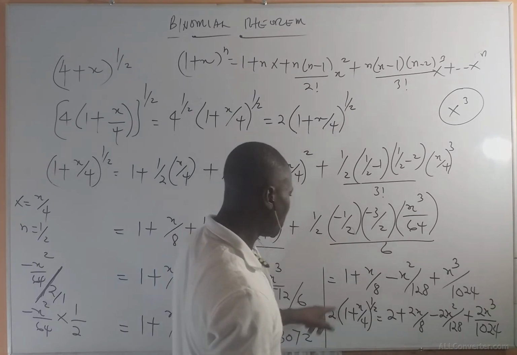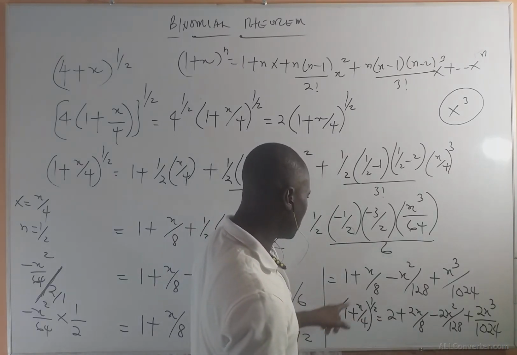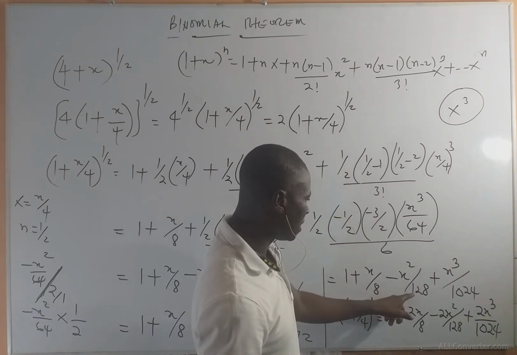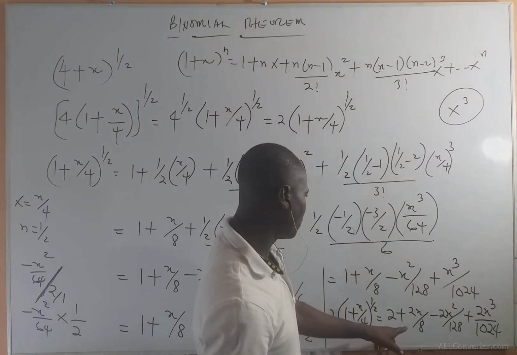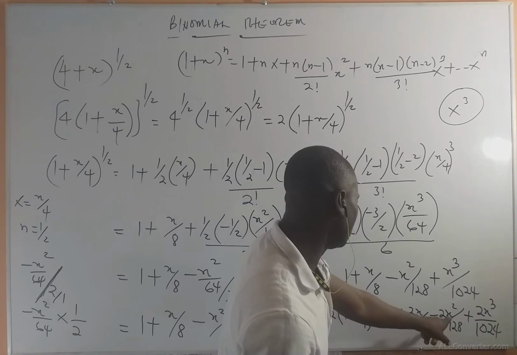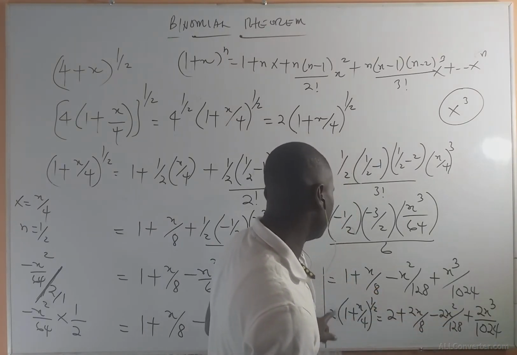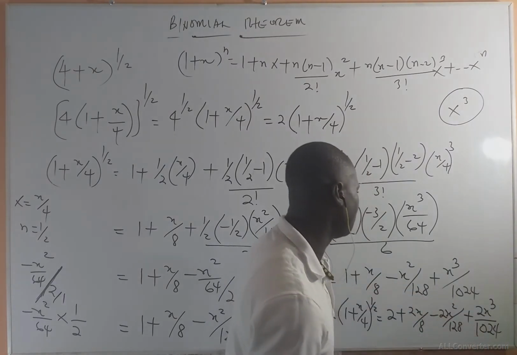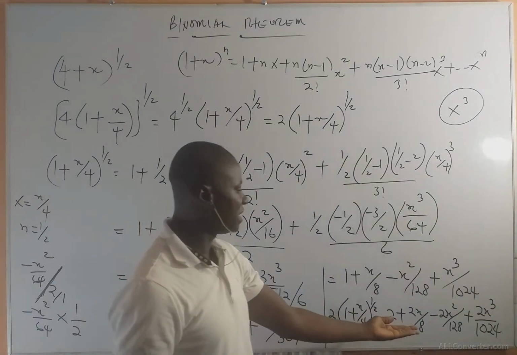So 2 times 1 will give us 2. Then 2 times x over 8 will give us 2x over 8. Then 2 times x squared over 128 will give us 2x squared over 128. Then 2 times x cubed over 1024 will give us 2x cubed over 1024. So we can simplify this further.